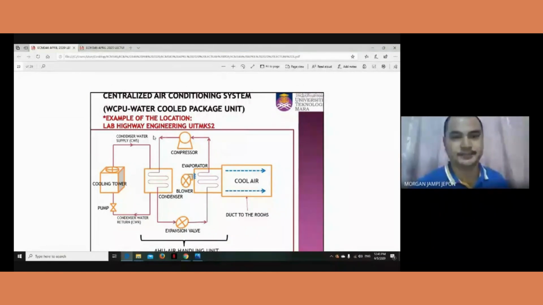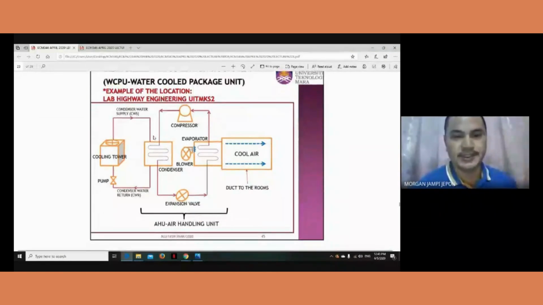All right. So this system, remember, air conditioning must consist of 4 basic components: compressor, condenser, expansion valve, as well as evaporator. And this water-cooled package unit is actually much simpler compared to the chiller unit. So the condenser, as usual, is cooled down by using water from the cooling tower.